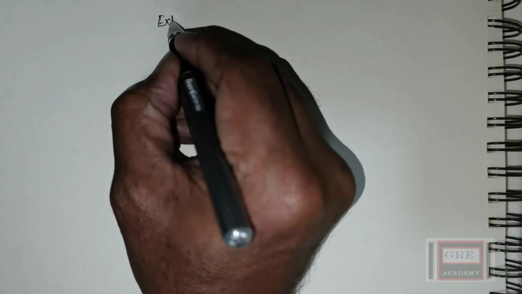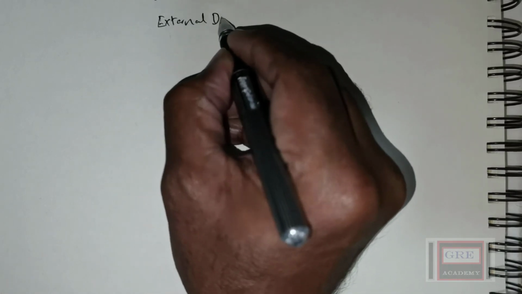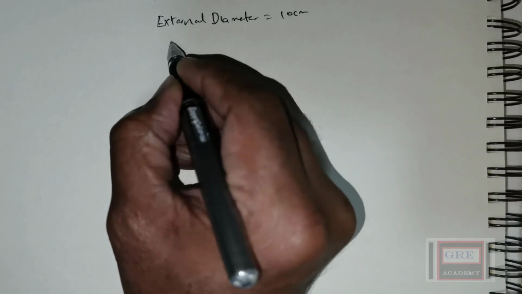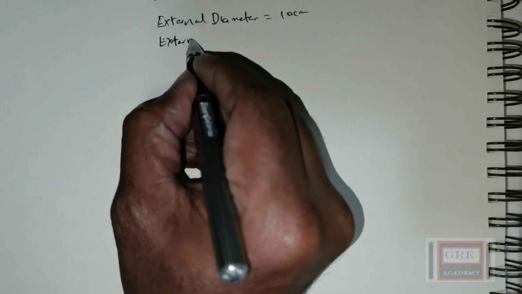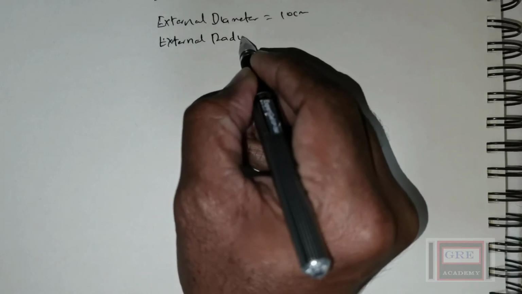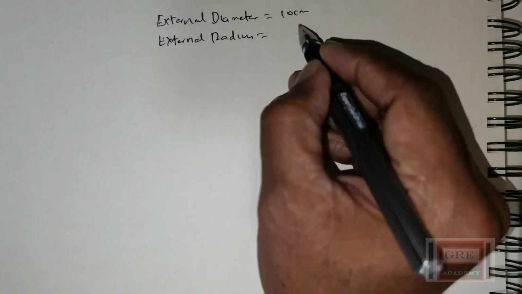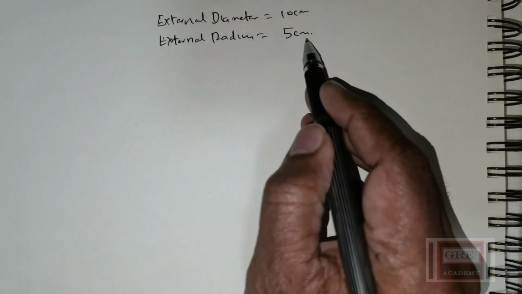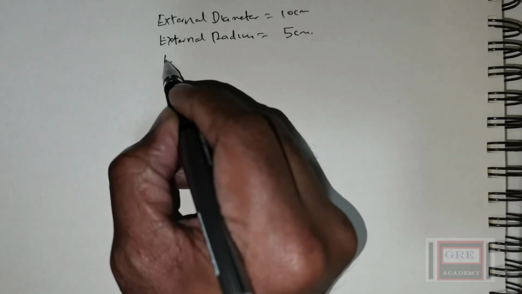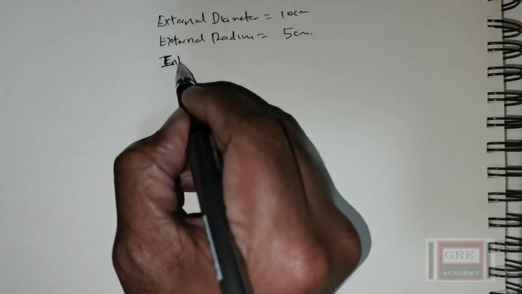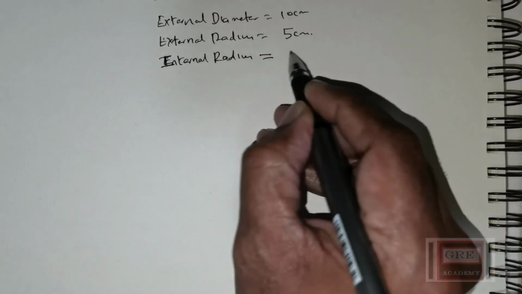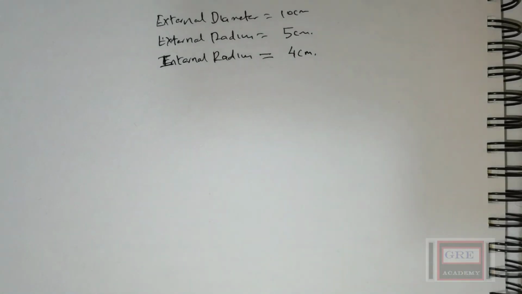So if you take away the 1 centimeter thickness, you are left with the internal radius. Let us write the external diameter is 10 centimeters, right? So therefore the external radius would be equal to 5 centimeters. Now from here, if we remove the thickness 1 centimeter, we would get the internal radius, right? The internal radius would be 4 centimeters. So we have got this information.